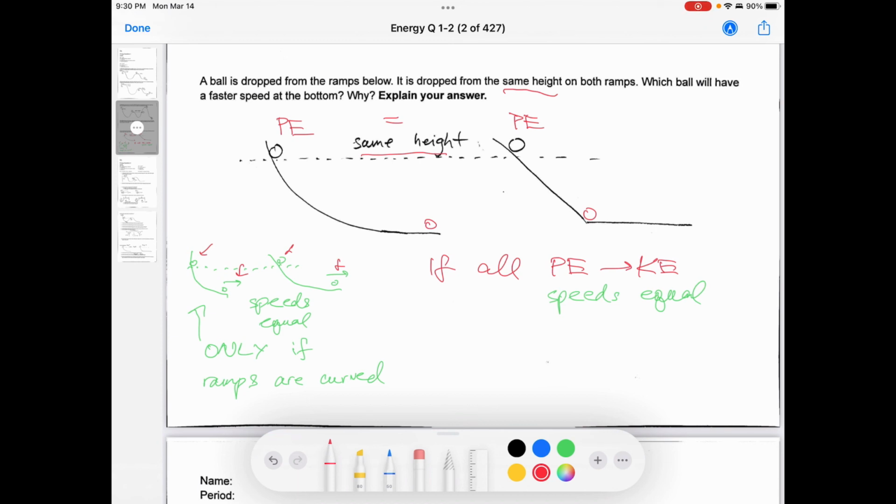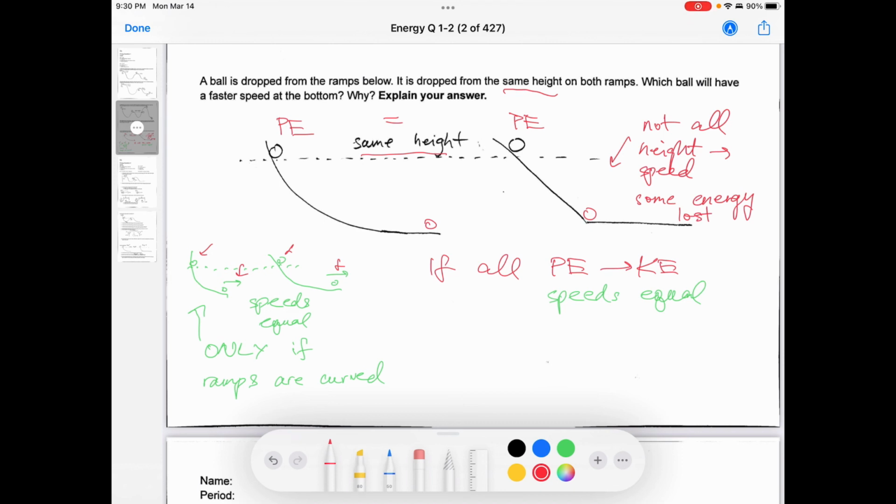So the only difference, though, here with this ramp is that not all the height is turning into the speed, because some energy is lost on this ramp.